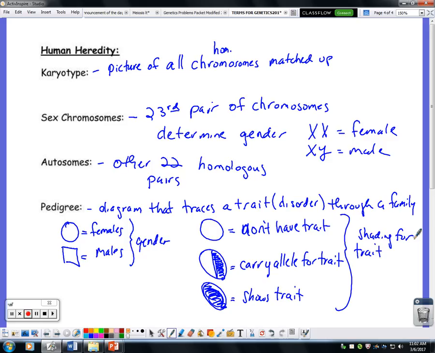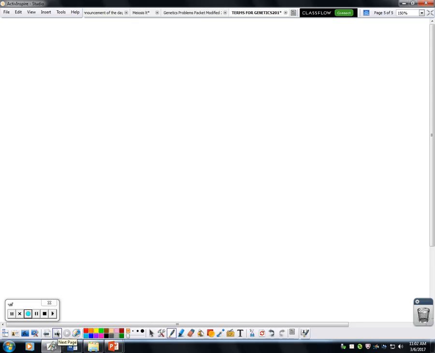Okay. Now, turn to your back side of that paper. So if, for example, what a pedigree might look like is something like this. So here's the dad, and here's the mom. The line in between represents a marriage. In other words, these two people are going to produce offspring.